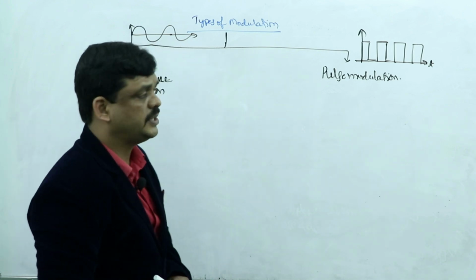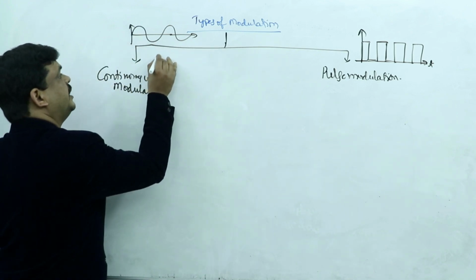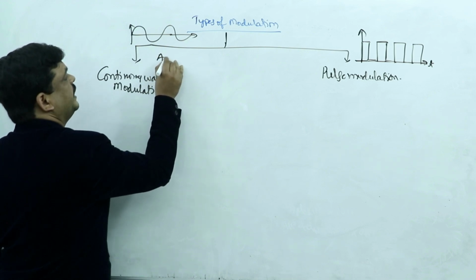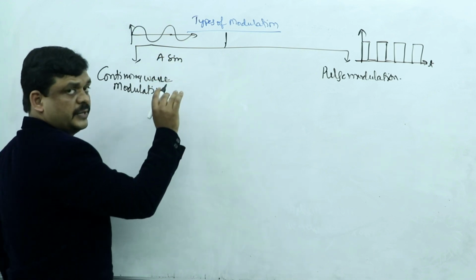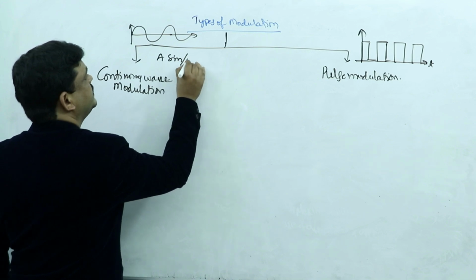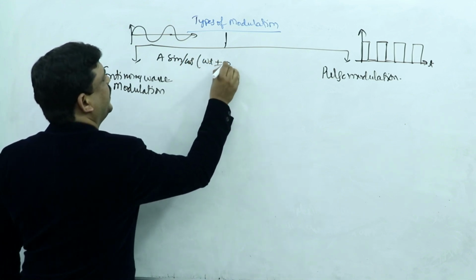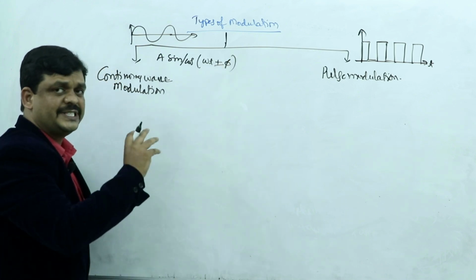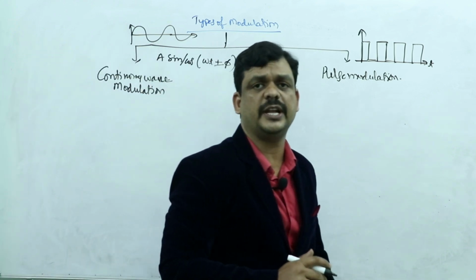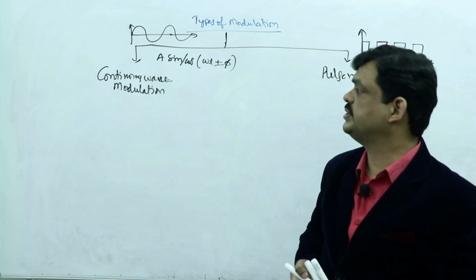In continuous wave modulation, generally we use a standard sinusoidal signal. The standard sinusoidal signal's mathematical equation is A sine or cos of omega t plus or minus phi. This is the standard functional representation of the sinusoidal signal.